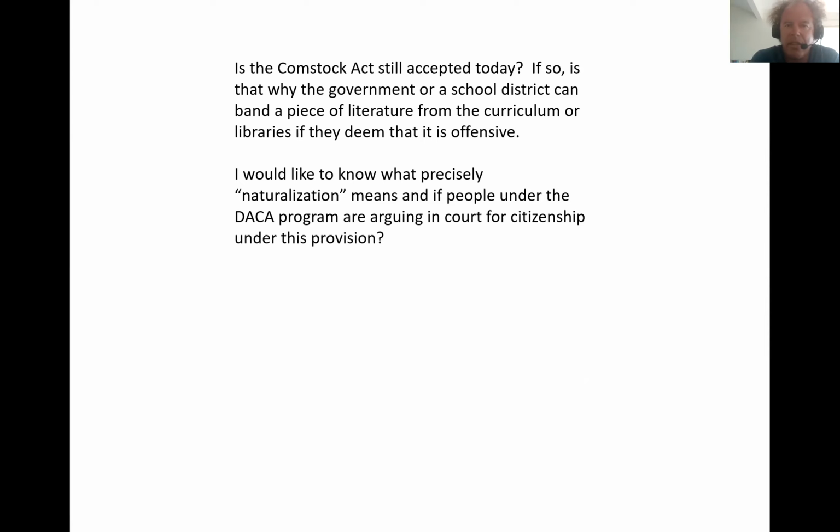So basically, the idea was we're not going to treat these kids, or people who came to the U.S. as kids, as citizens, but we're going to give them some rights. And there is a question about whether the executive can do that unilaterally, or whether the executive needs legislation to be able to do that.